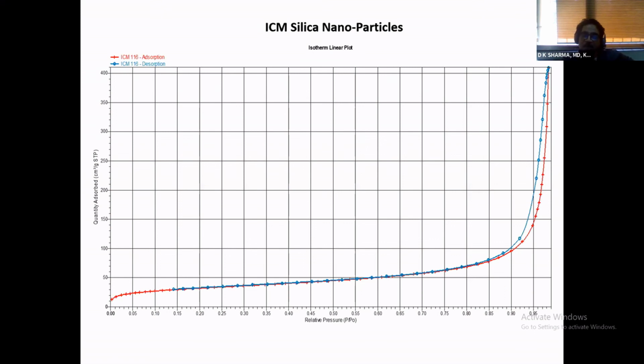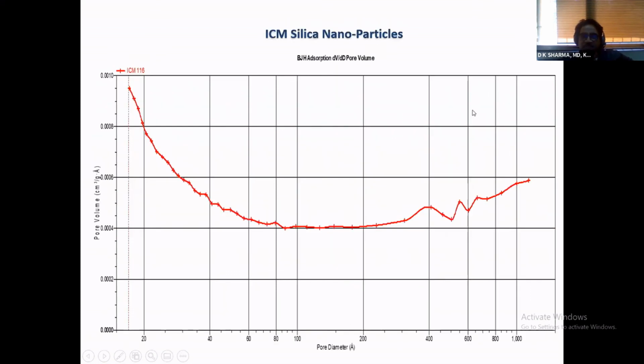If you say 100 angstrom or 10 nanometer particle and 50 nanometer pores, that raises a lot of questions. Okay, so be careful when to measure porosity and when to measure voids, especially when you are dealing with nanoparticles.